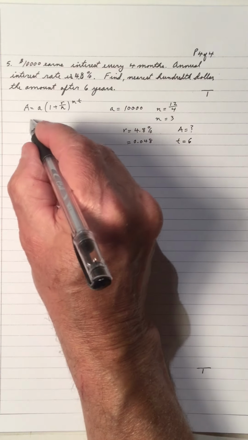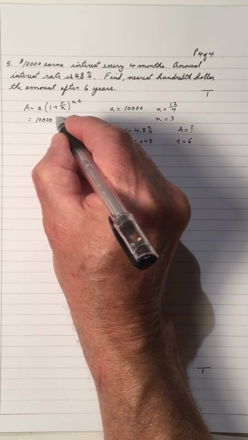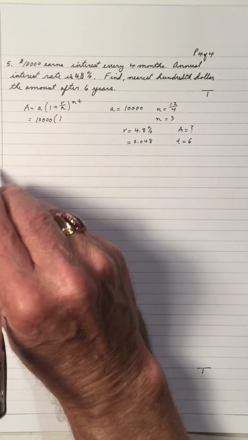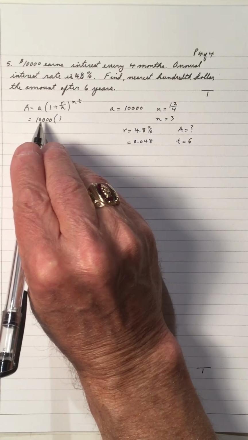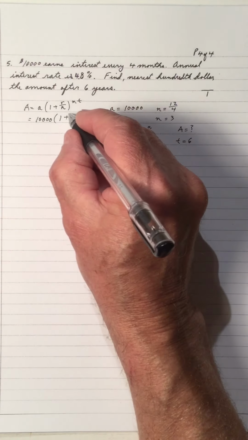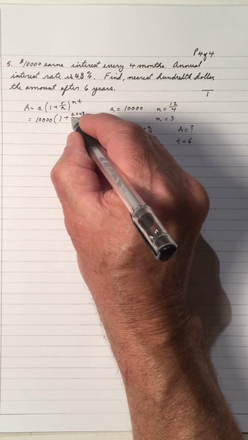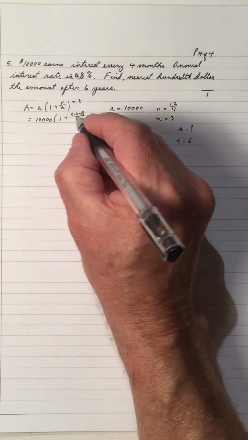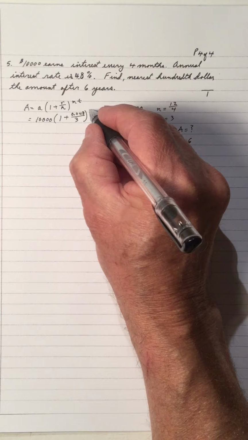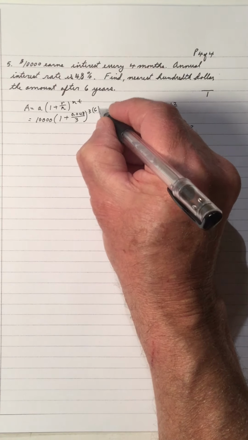So if we fill it in, we have 10,000, 1, and notice that the interest rate is 0.048 divided by N, which is 3, and N is 3, and the time is 6.